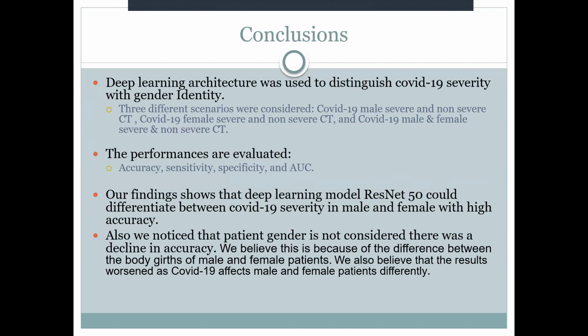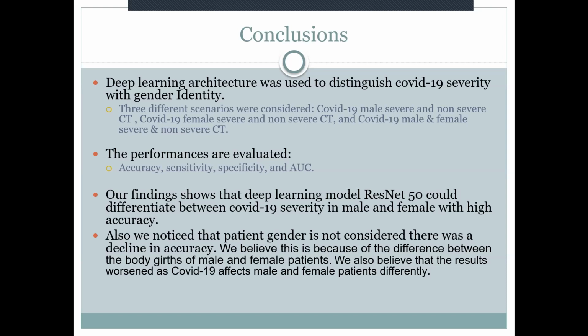We were able to measure our experiments with the accuracy, sensitivity, specificity, and AUC. And from our findings, we could see that ResNet-50 could differentiate between COVID-19 severity in male and female with high accuracy.